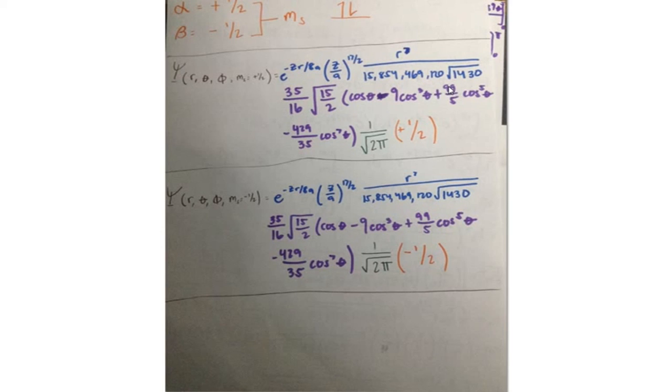Since when you convert z to the polar coordinate system, you will get r cosine theta, which is normal to any orbital that has m equal to 0. But of course, it has the cosine theta because s only has a sphere shape even if it has m equal to 0.